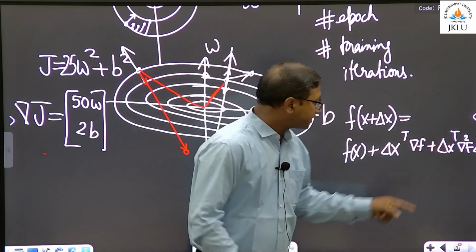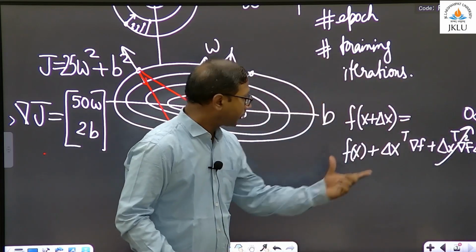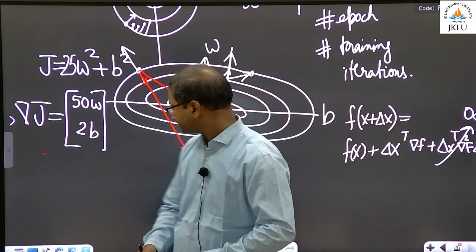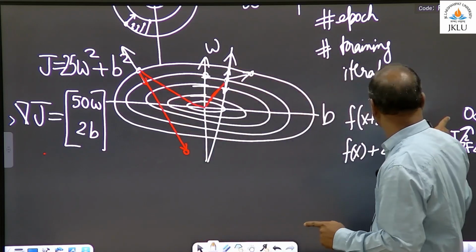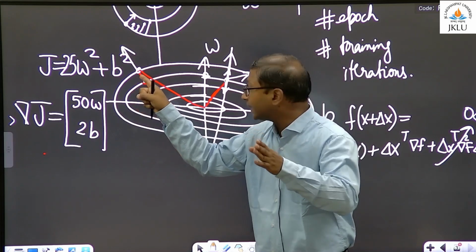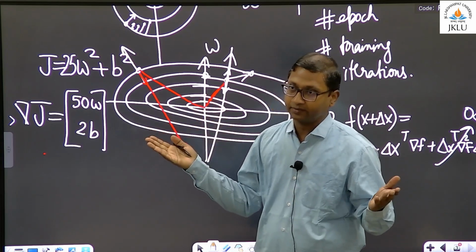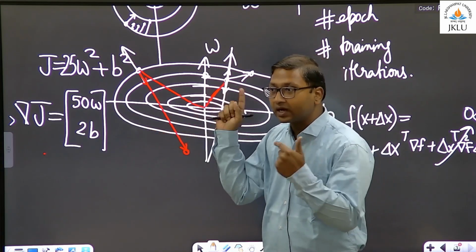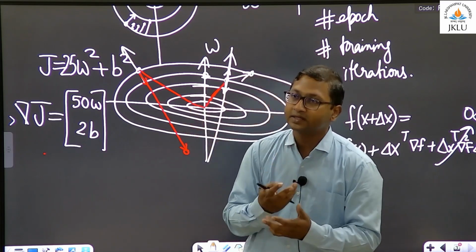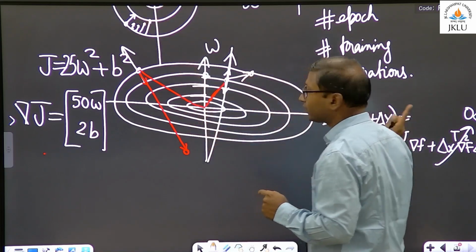So, in this case we have said these terms, they go to 0, only this remains. If Hessian were here, Hessian would be able to guide us in this direction, but Hessian is not there. Okay. So now we start seeing the cases where gradient alone is not sufficient, you need higher order terms.